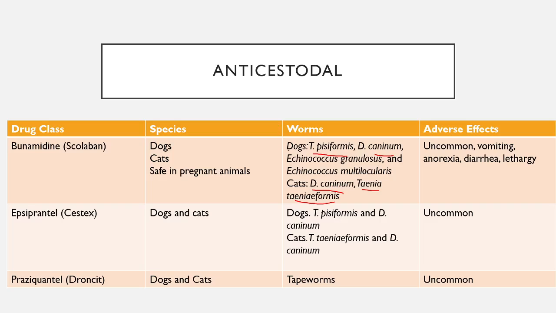So these are all tapeworms. These are anticestodals, and this is Scolaban. Cestex, epsiprantel, and praziquantel, Droncit, are used both in dogs and cats, and this gets the tapeworms in these animals. It's uncommon to see any adverse effects.